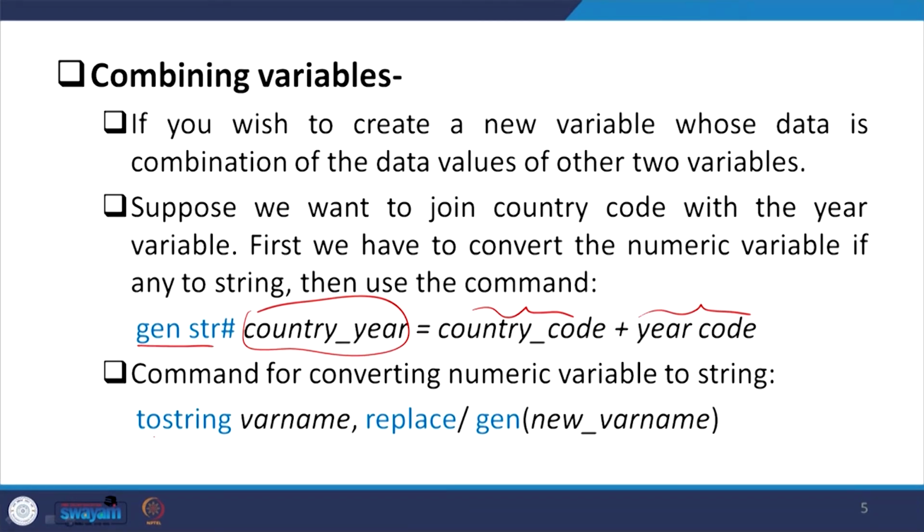The right command is the toString command, toString. If your code is in numeric and country code is already in string. In our easy understanding, country code should be in string. Okay. Year is a numeric number. If they have given it even in string code, then you need not change it. You need to check whether they are in string or not by clicking browse.